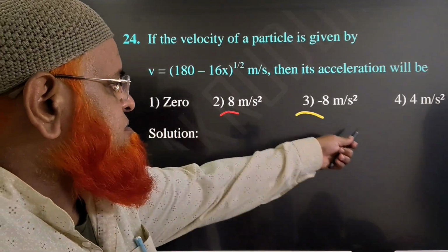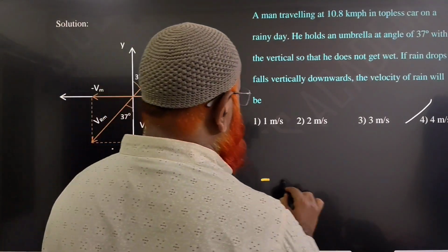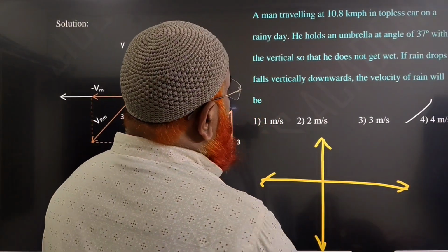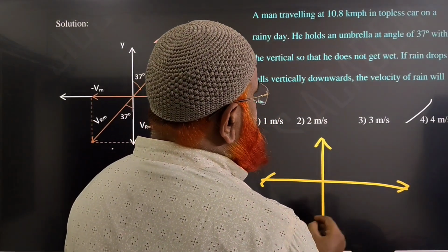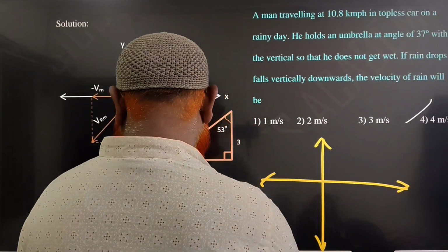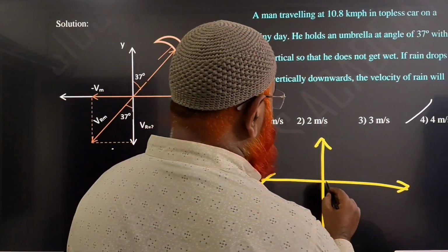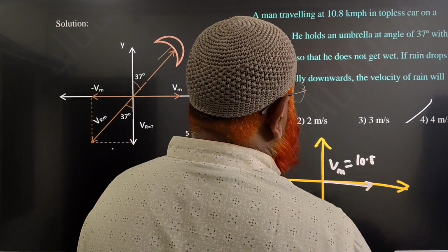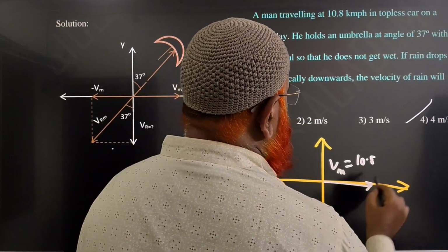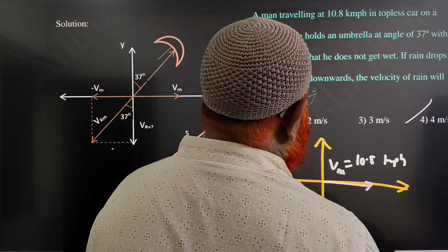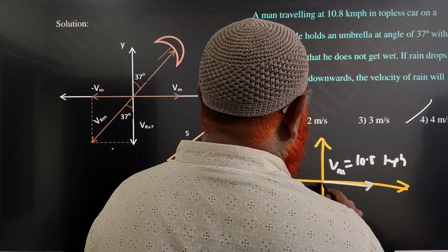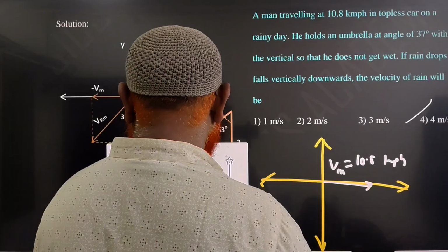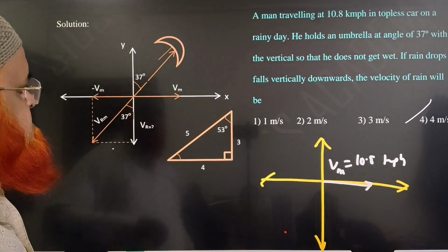We have to do this by using coordinate system. I just told you. A man is travelling with a speed of 10.8 kilometers per hour. He holds an umbrella at an angle of 37 degrees.